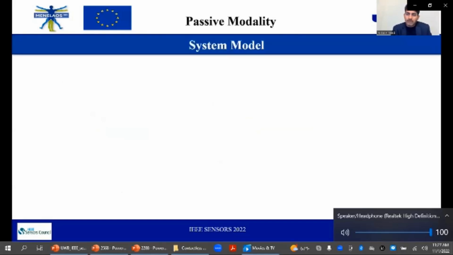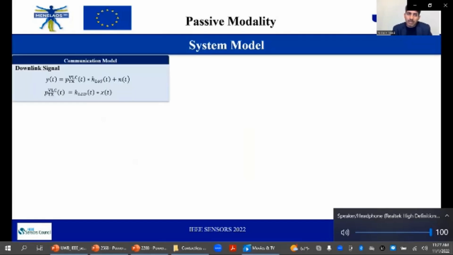Now moving on to give you some insights on our system model. In the communication model, the downlink signal is received by the photodiode or any device in the environment.